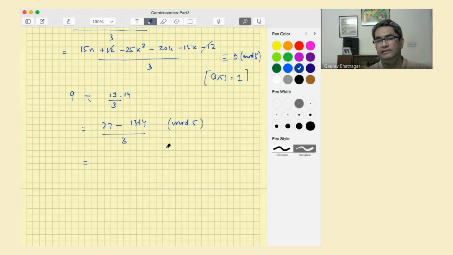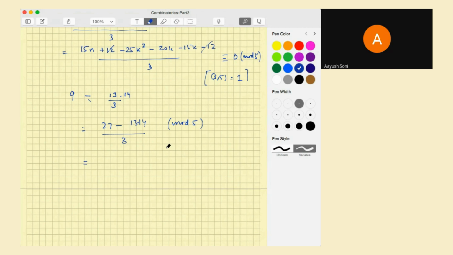Professor, what I am thinking is, how are we defining the modulo of a rational number with respect to an integer? Because I don't think we have the concept of finding something like 5 by 3 mod 6. I think we have only defined it for integers.